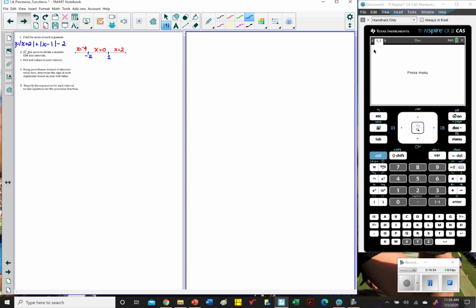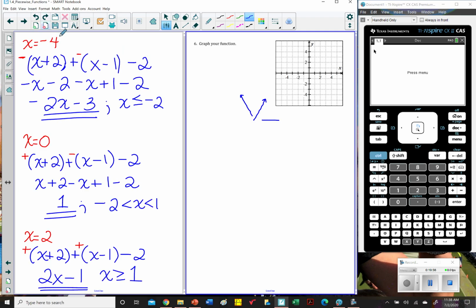And you've got a piece of graph paper. So we want to rewrite that. The g of x, this is our piecewise function. The g of x is going to be negative 2x minus 3 for all the values in our subdomain less than or equal to negative 2.